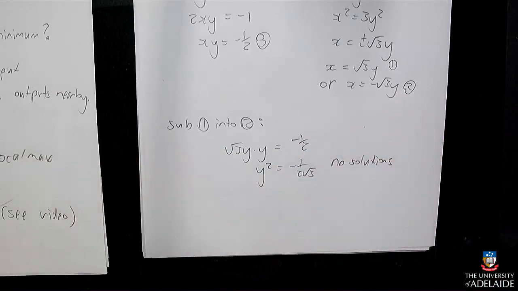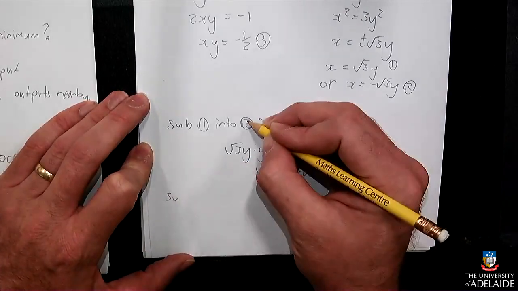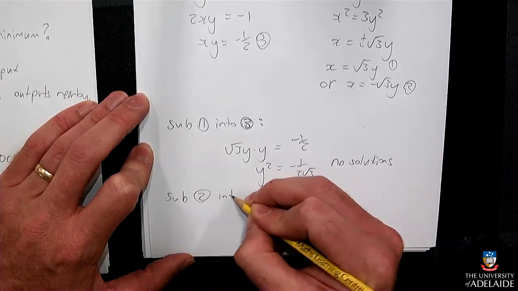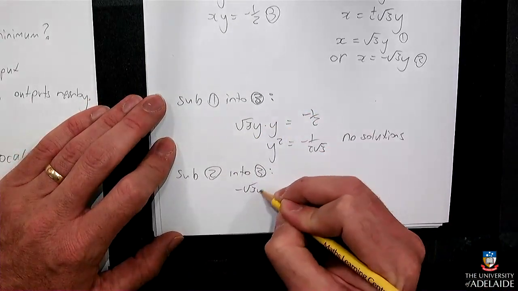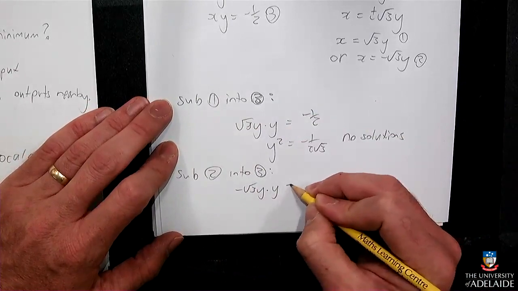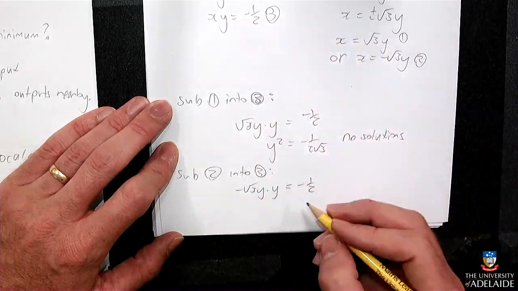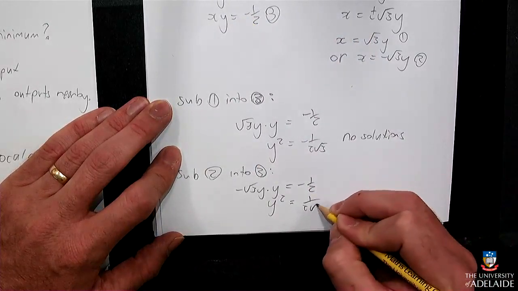Okay? Because there would be imaginary numbers there. Can't get a square to be negative. Well, that's 3, sorry. So the second one into 3, so we've got minus root 3 y times y. It's minus a half, so I sub this one into there. And so I get y squared equals 1 on 2 root 3.